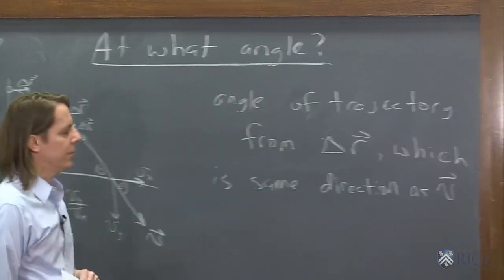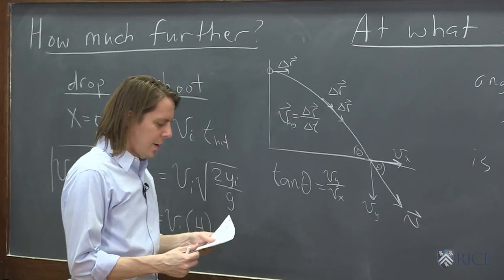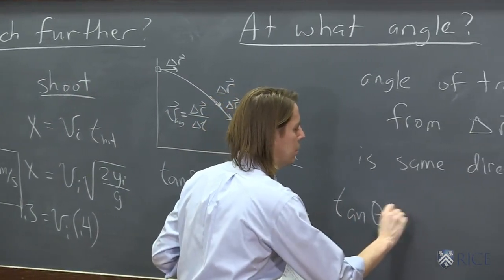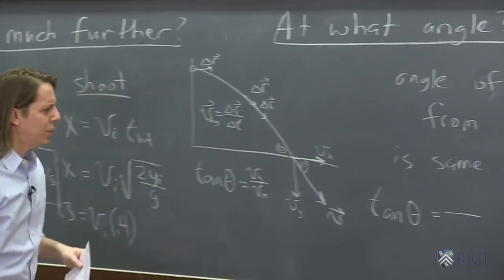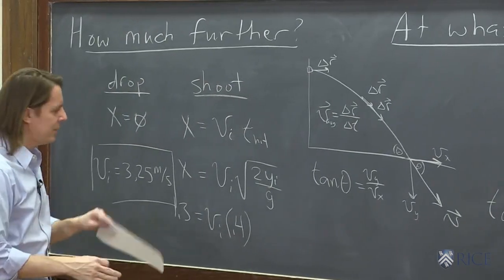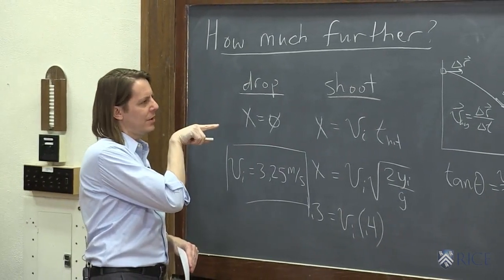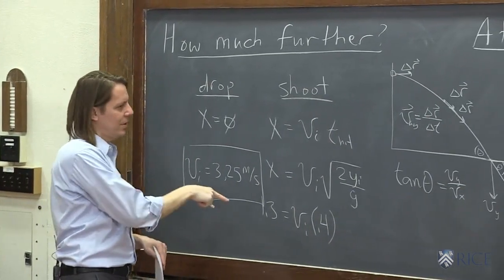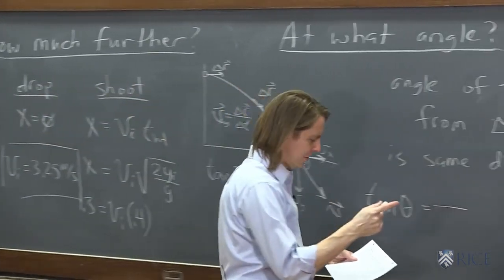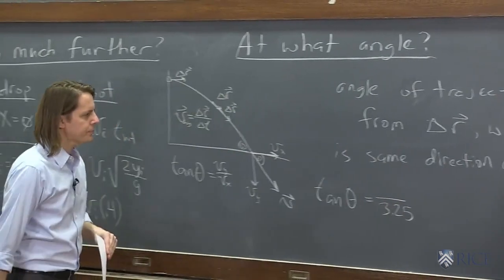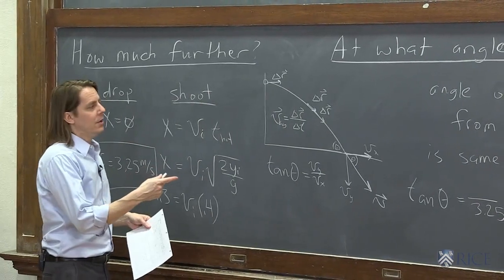Okay, so we're getting it from v. All right, so let's see. So tangent theta, and let's see, what numbers do we have here? Vy over Vx. Vx we just figured out because we had the initial horizontal velocity and it doesn't change. There's no acceleration in the x. So we put 3.25 in the bottom, right? But now we need Vy.